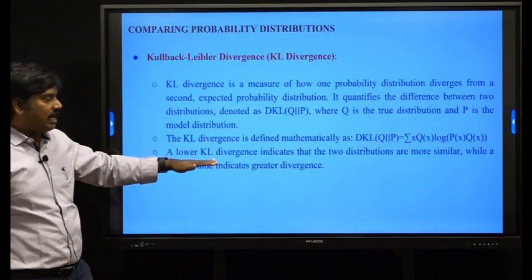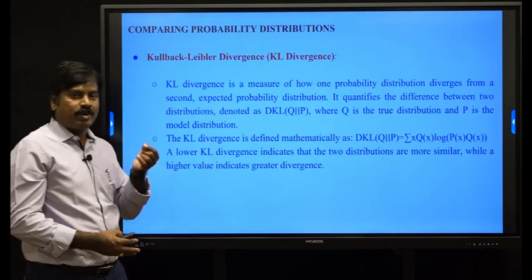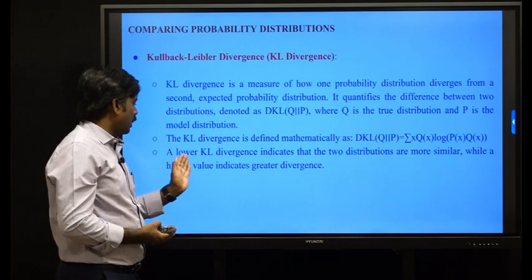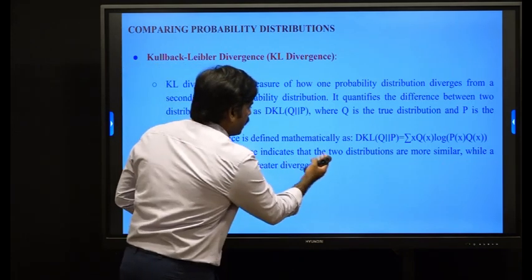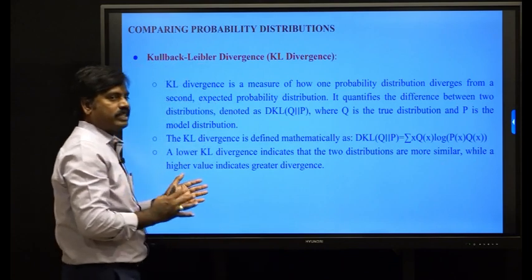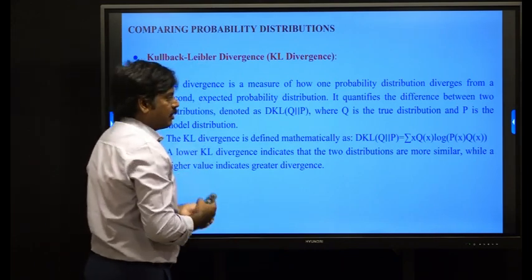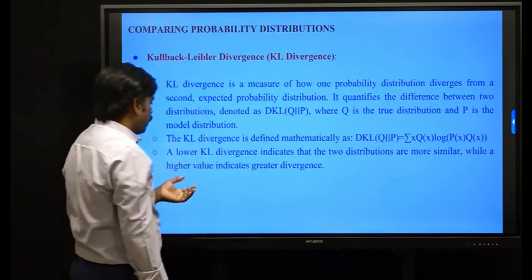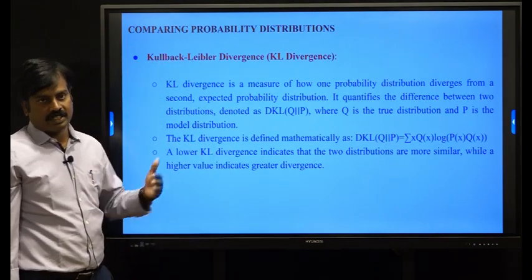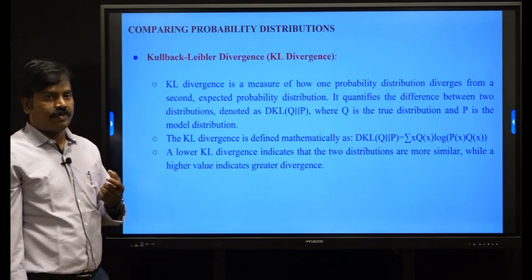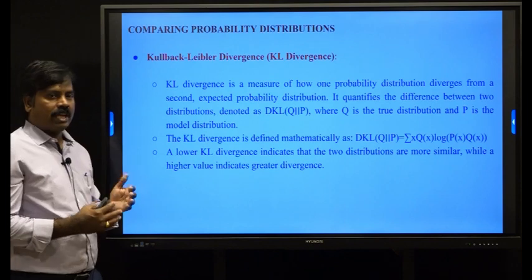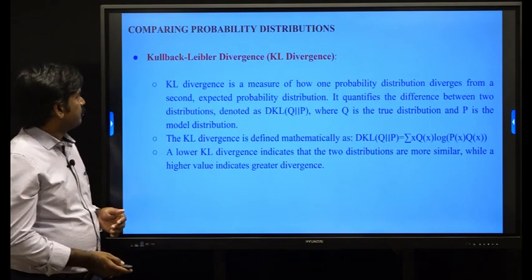The lower the KL divergence, the lower the loss, and the best model is the one with minimum loss. A lower KL divergence indicates that the two distributions are more similar, while a higher value indicates greater divergence. Divergence is minimum with low loss values, and when divergence is high the loss value is very high.